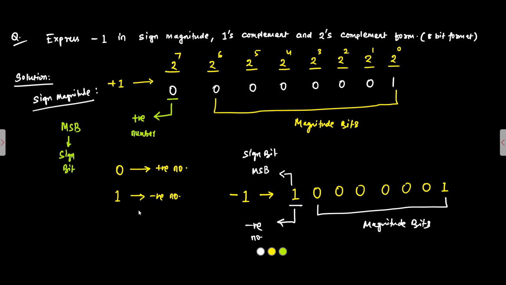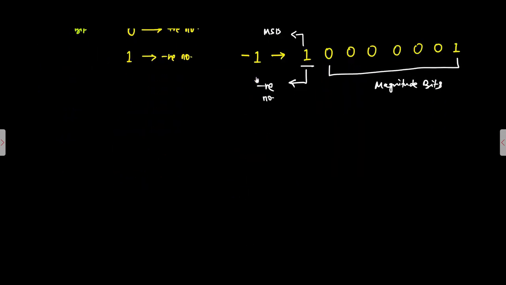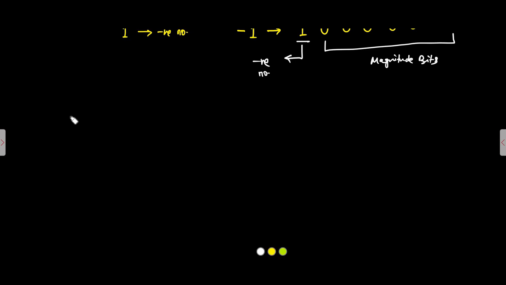Then the 1s complement form. So in 1s complement form, the positive numbers are represented in the same way as in sign magnitude.